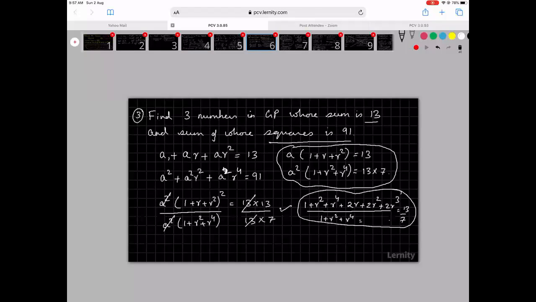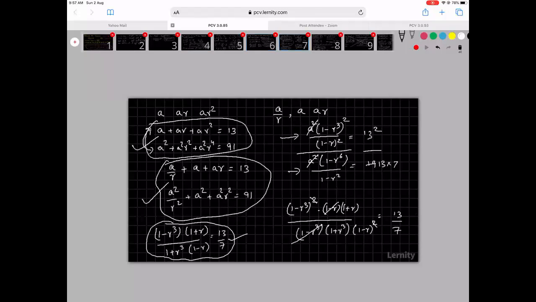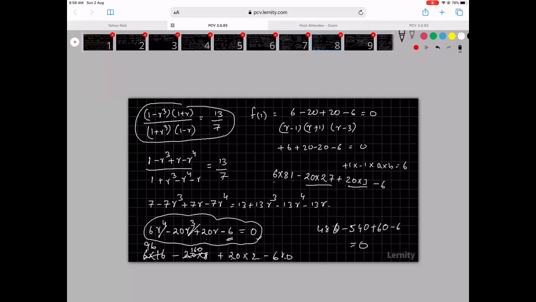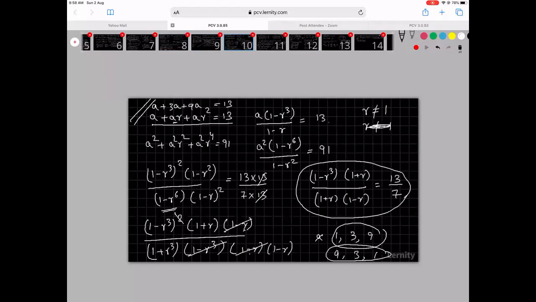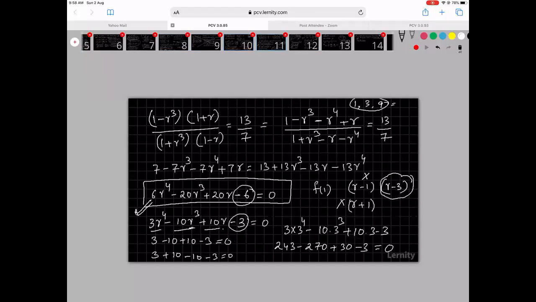Seventh slide. We were working out this particular question. 8th. Here I made some errors. This is correct. This is the 11th one. So we have to solve this particular equation, or we have to solve this particular equation.